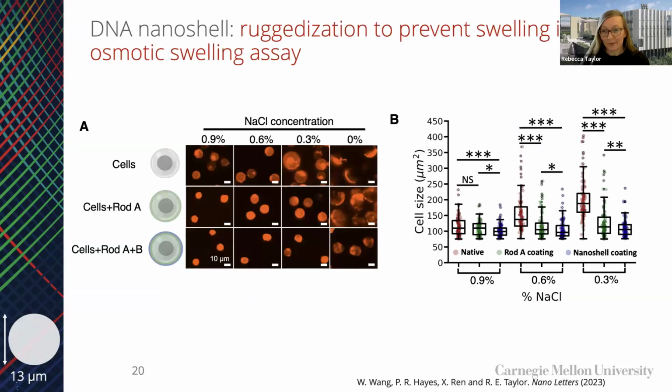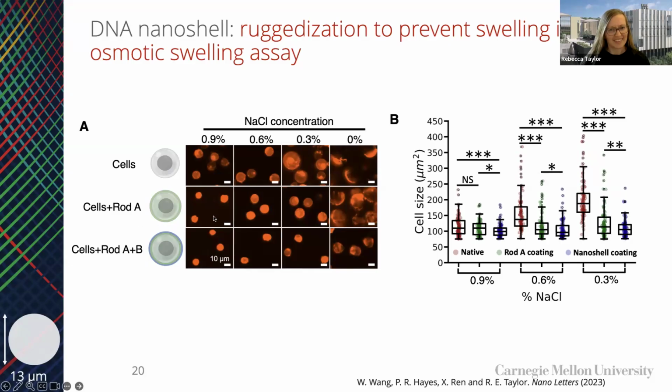Functionally, that's really useful if you start subjecting the cells to stress tests. Here we have a demonstration where we are basically torturing these poor cells, putting them in lower and lower salt concentration solutions to swell them. What you can see in the bottom row, and also the blue condition here, is that you're preserving the cell size for the case with the two-part cell shell, right?